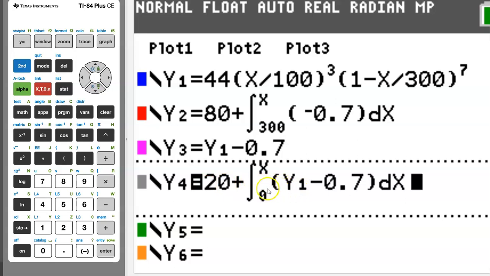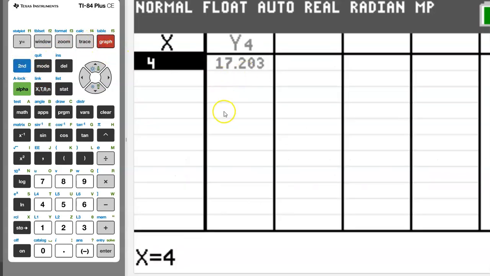To evaluate this at the 4 different times, we want to look at the table. So hit second graph, and then now you're looking at a table. The way I have it set, I'm going to enter in values one at a time. Let me delete the one that's there. But I need to show you how to make that happen.